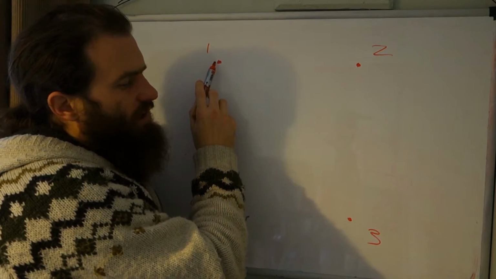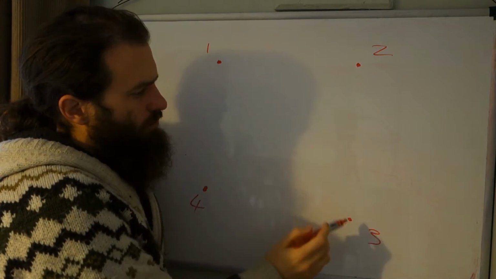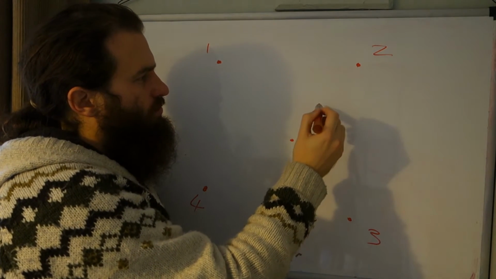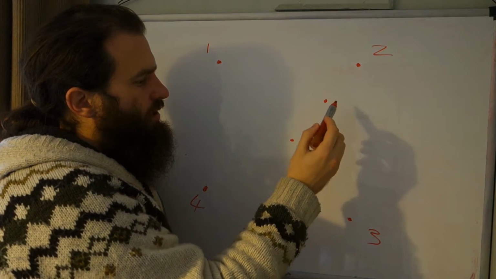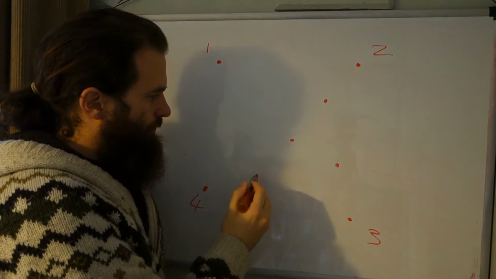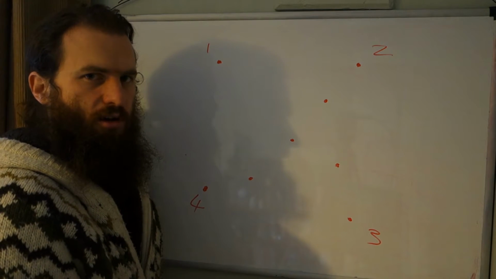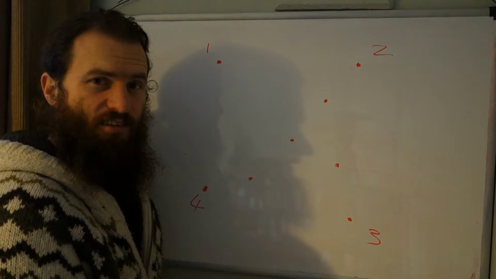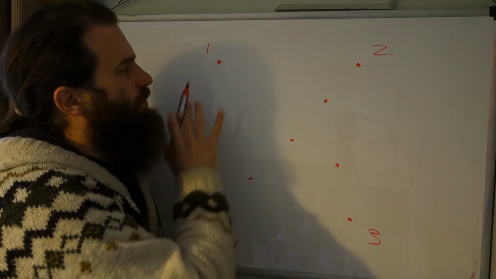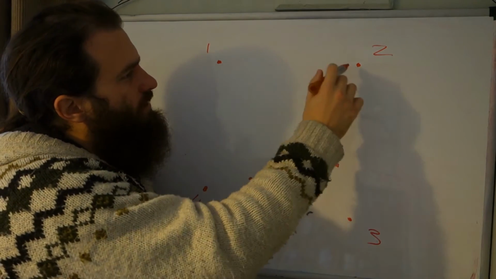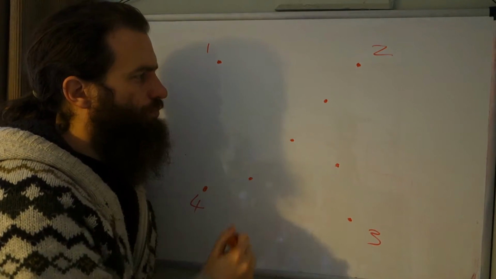So imagine we start here and we generate a 3, then we go halfway between this point and draw a dot. Now we generate a 2, we go halfway between this point and draw a dot. Now we generate a 3, we go halfway between this point and draw a dot, and so on. What does the attractor look like? Well, in this case, the attractor does fill the space. So if this is a random sequence of inputs, it completely fills the square.